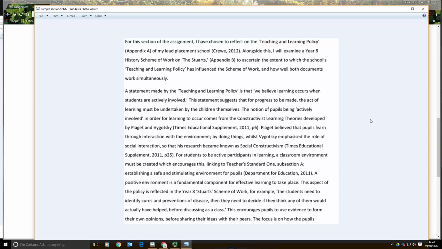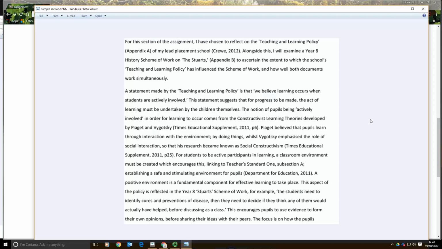You can see here, this is one student, and this is a section of the assignment where she talks about the policy analysis. She's looking at a particular scheme of work, which just happens to be on history, on the Stuarts, and then she's found the teaching and learning policy, and talks about how progress is made and the active learning, etc.